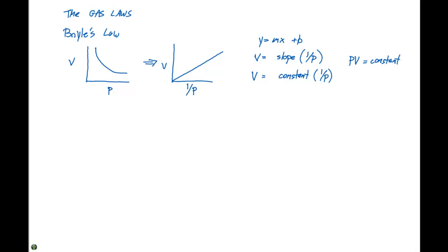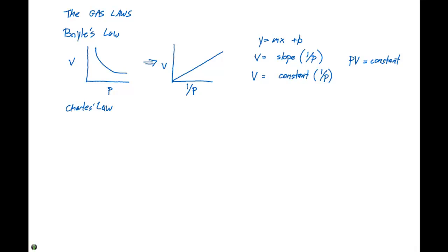After Boyle, there was someone by the name of Charles who came up with Charles's law. In 1787, Jacques Charles found that the volume of a gas at constant pressure increases linearly with temperature.